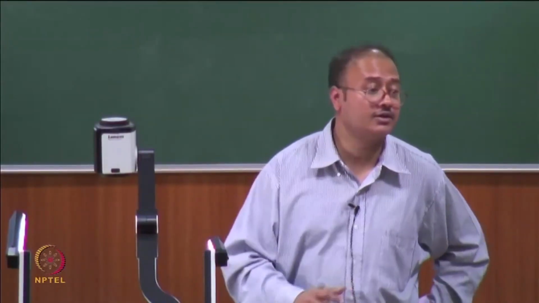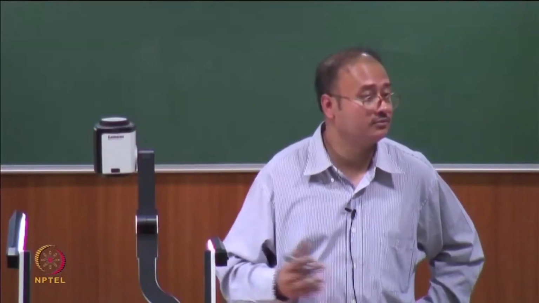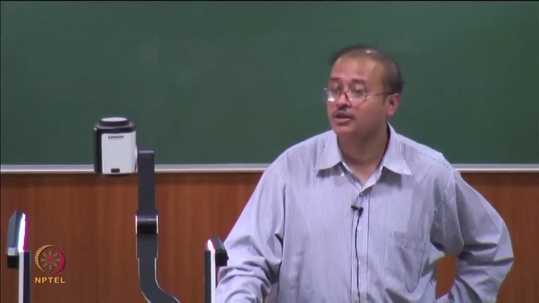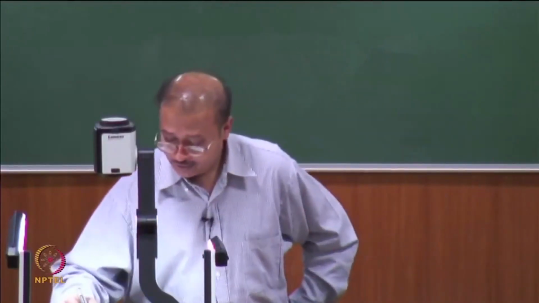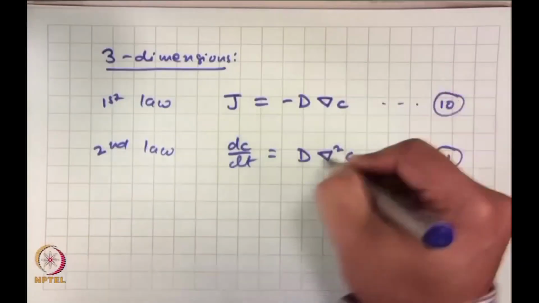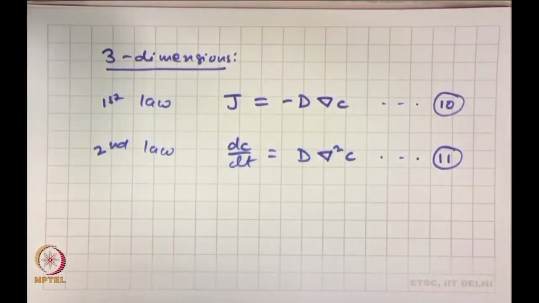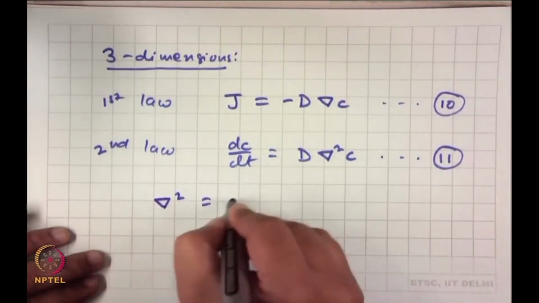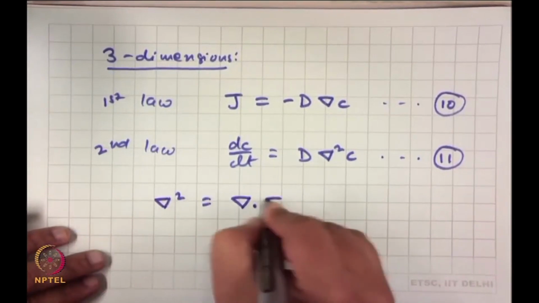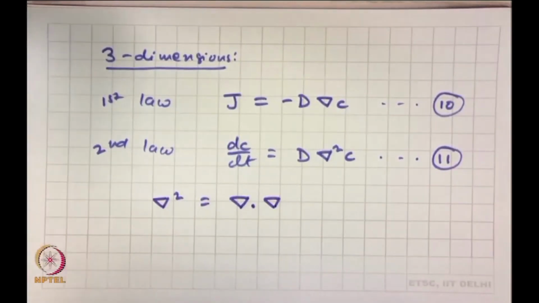If you can relate it to this, you will have a much better feeling of this. Okay. So, del squared is essentially del dot del, is it not? That is how you get del squared.